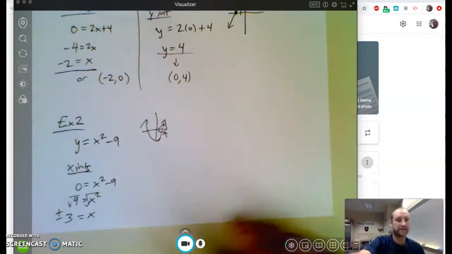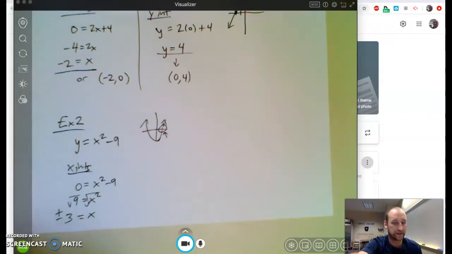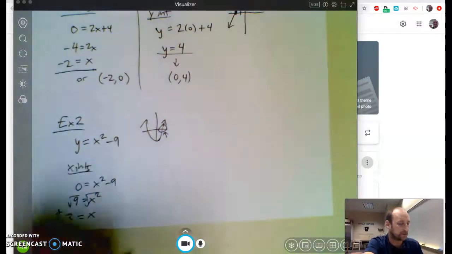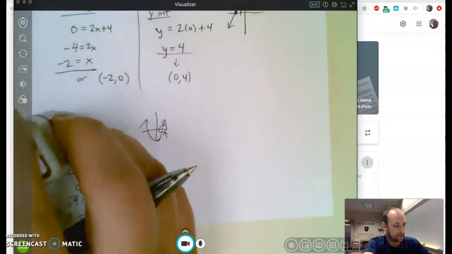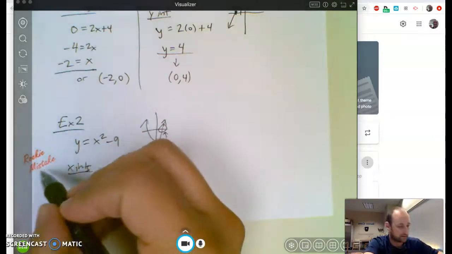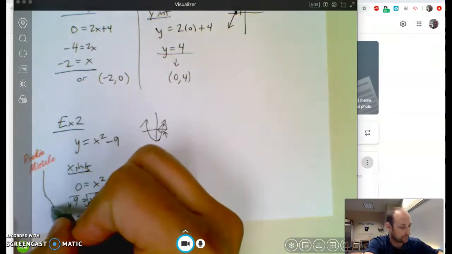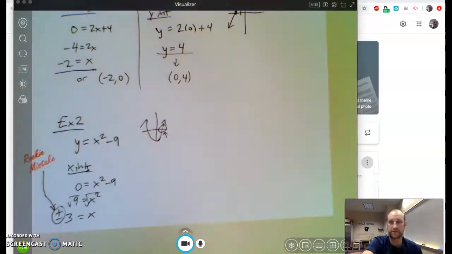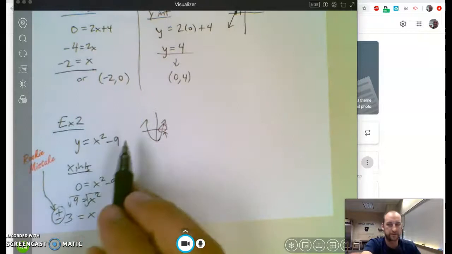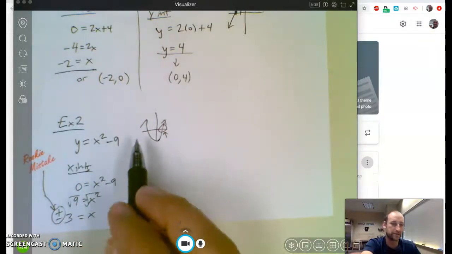If you make a mistake like that, it's a rookie mistake, and I have a special stamp for that, because if you forgot the plus or minus, I would do that to your page and say, rookie mistake, plus or minus. Okay, anyway, so don't miss one of those. Don't forget that there's two answers with the square root.